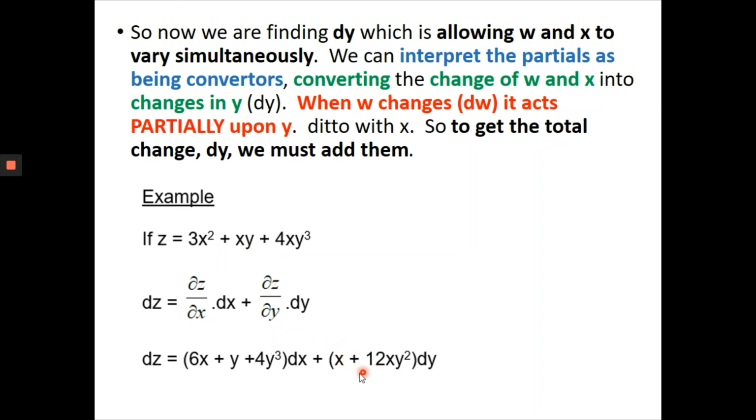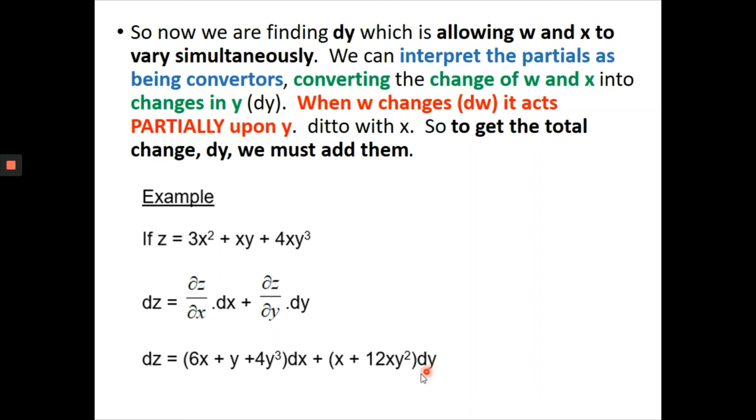For both calculations here, we are simply using the power function rule, and here as well, because it's the partial derivative of z with respect to y, we are treating x as a constant, okay, and then dy.